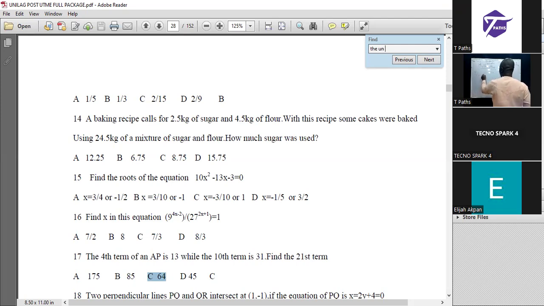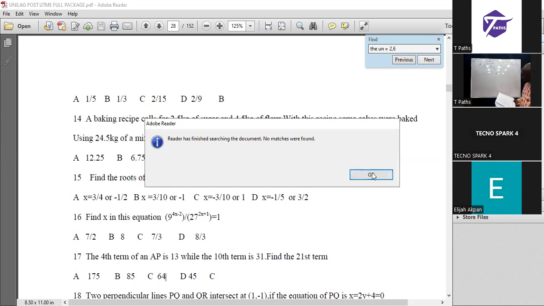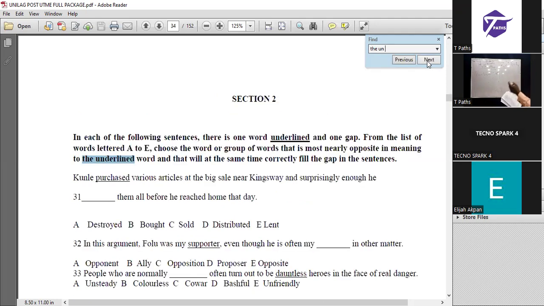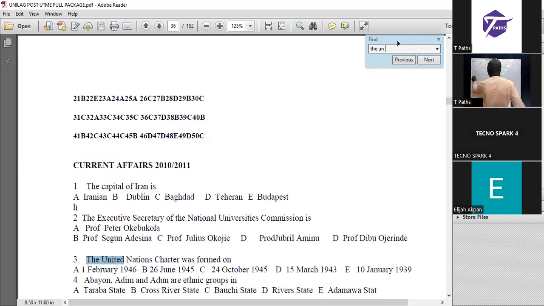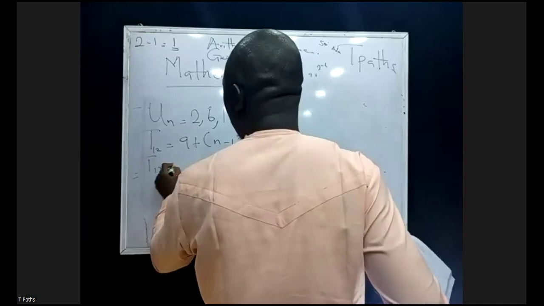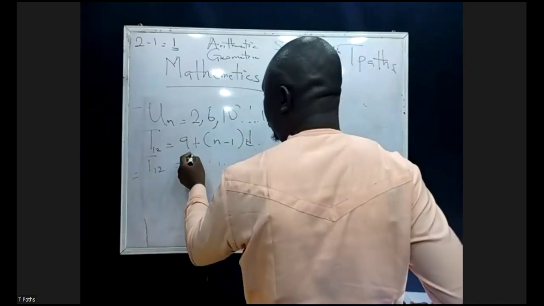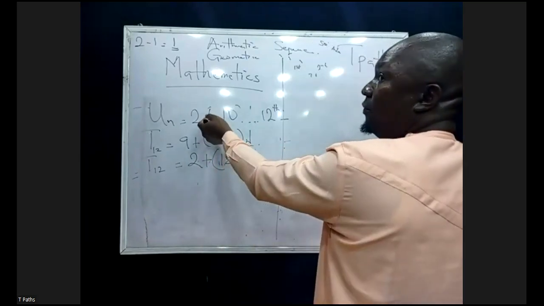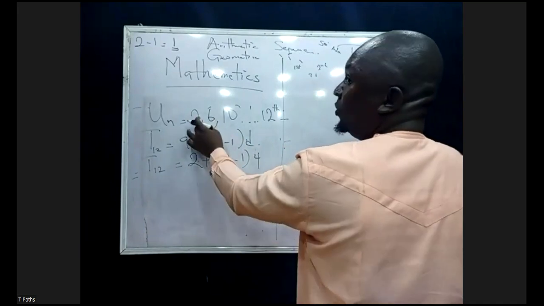Number 8 says the sequence is 2, 6, 10. Find the 12th term. We know that T12 equals A plus N minus 1 times D. Our A is 2, our N is 12, and our D is 6 minus 2, which is 4.